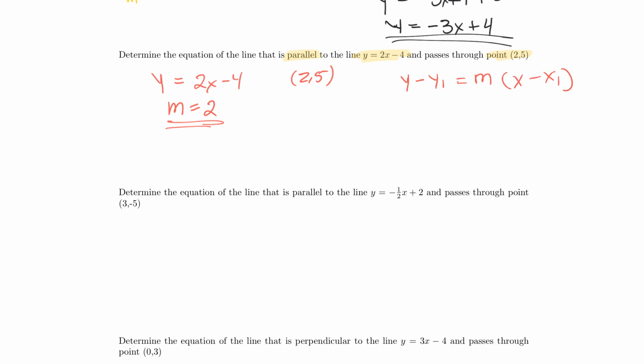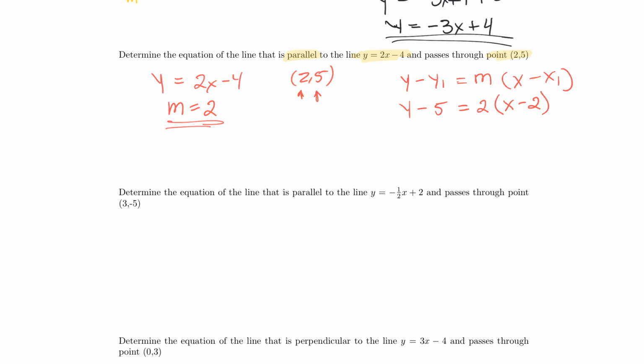So we just substitute: y minus, what is y1? The y coordinate of the point, which is 5, equals m, and m has to be 2 for this to be parallel, times x minus the x coordinate of the point, which is 2.